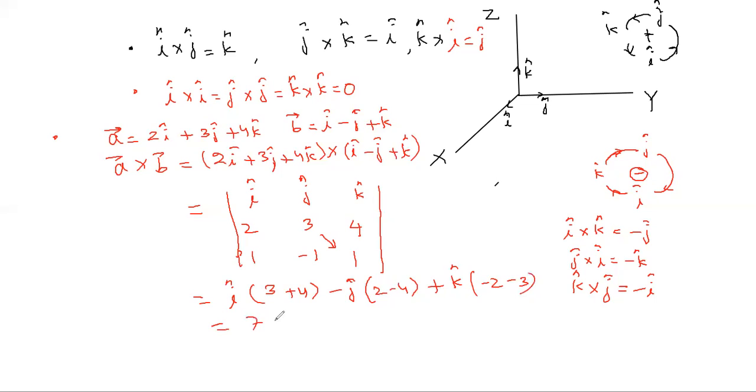So our result is 7i minus 2j minus 5k. In this way, if the vectors are resolved into components, we can find the cross product of any two vectors by using determinants. And the commutative property is not followed by the cross product, so the cross product is not commutative.